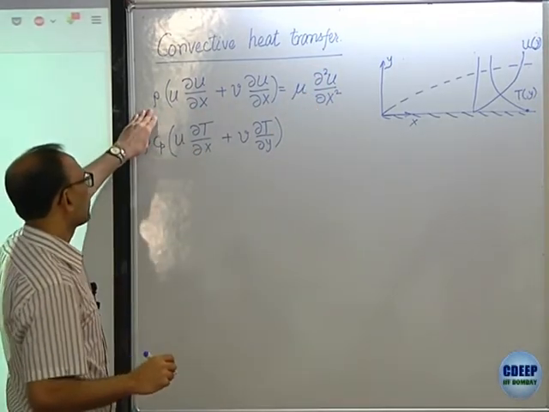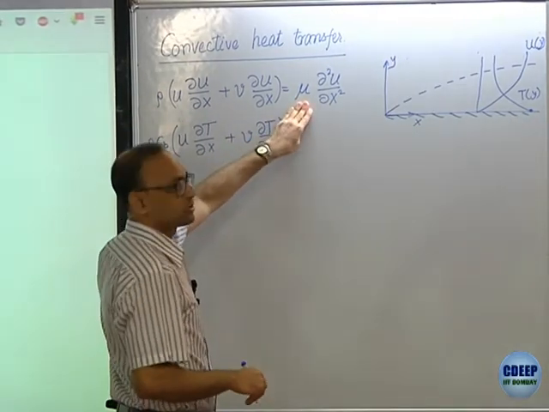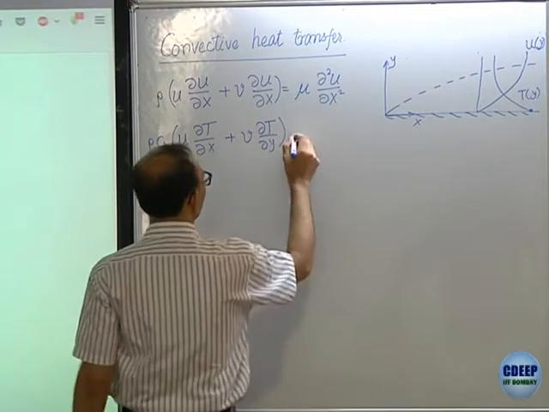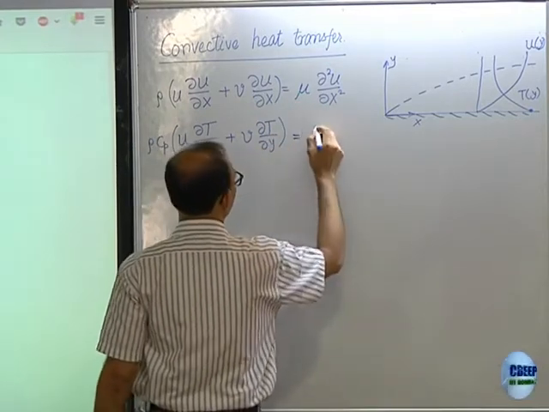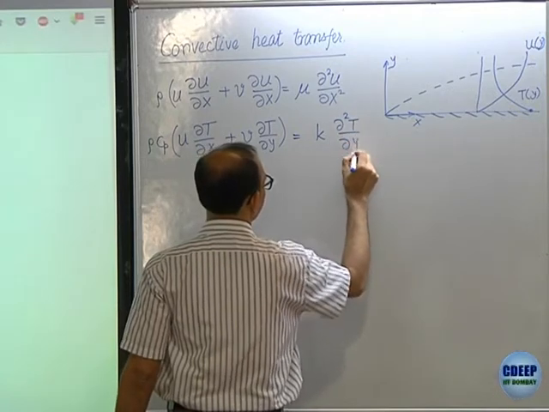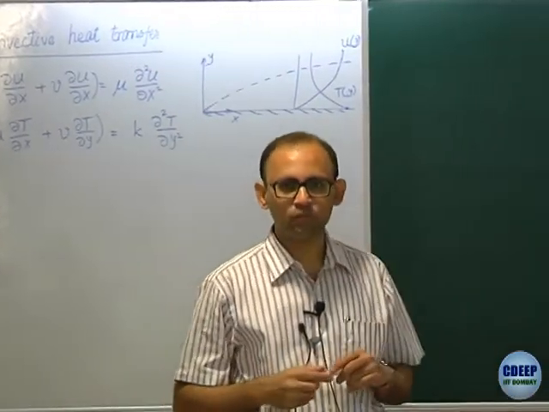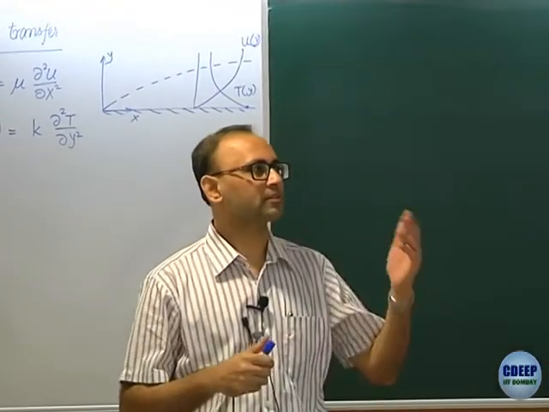I'm keeping rho explicitly in the equation, and converting the viscosity to dynamic viscosity. On the right hand side of the energy equation, we have conductivity times the second derivative in y.